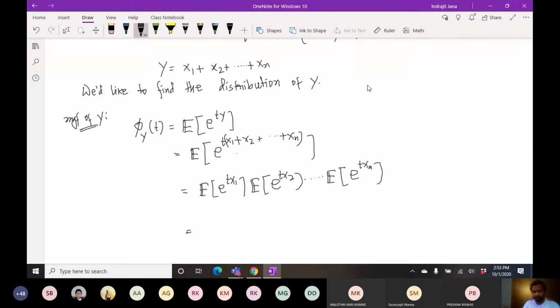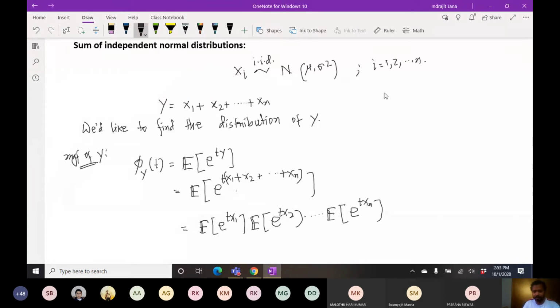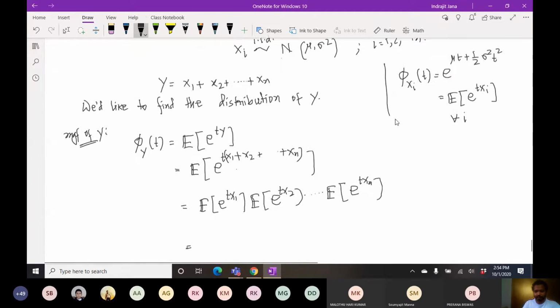Now, each of these xi's is normal mu sigma square, so the MGF of each xi, which is the expectation of e to the power t xi, is e to the power mu t plus 1/2 sigma square t square, for any i.